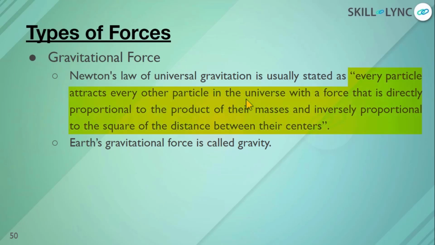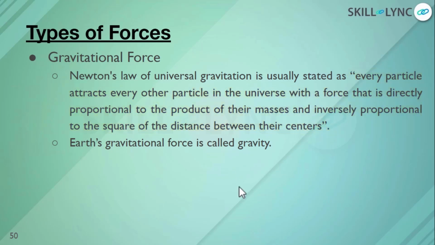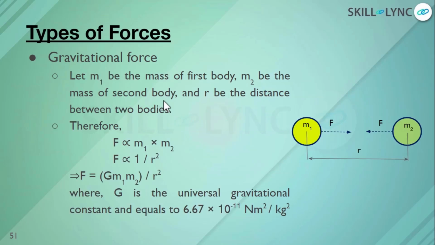Every particle attracts every other particle in the universe with a force, and that force is directly proportional to the masses of both particles and inversely proportional to the square of the distance between their centers. Let's try to understand this gravitational force using an example.